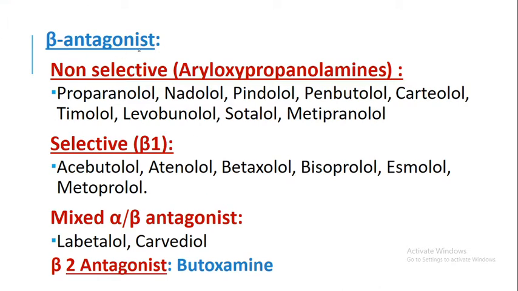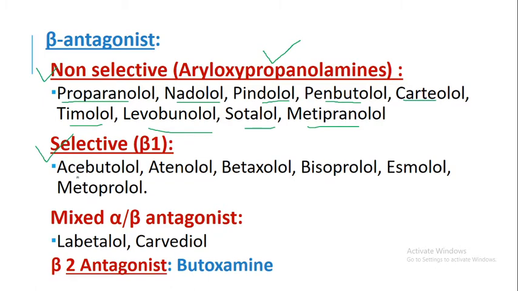First, beta antagonists. Non-selective beta antagonists are propanolamine derivatives. The drugs included in beta antagonists are propranolol, nadolol, pindolol, carteolol, timolol, levobunolol, sotalol and metipranolol, and these are all non-selective.